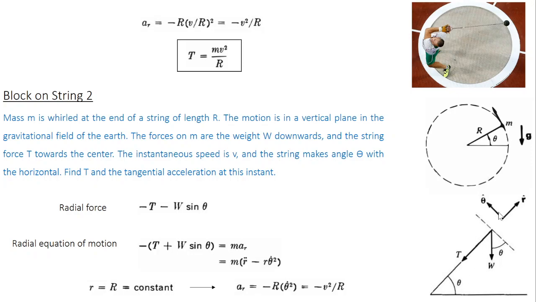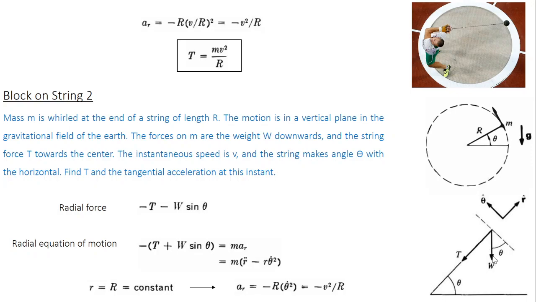So by invoking the polar coordinate system, you can identify that tension is acting along the radial direction. Okay. Now from this geometry, imagine this is a triangle. This angle is theta, and this angle is going to be 90. So the third angle is going to be 90 minus theta, and if this is 90 minus theta, this is going to be theta. Okay.